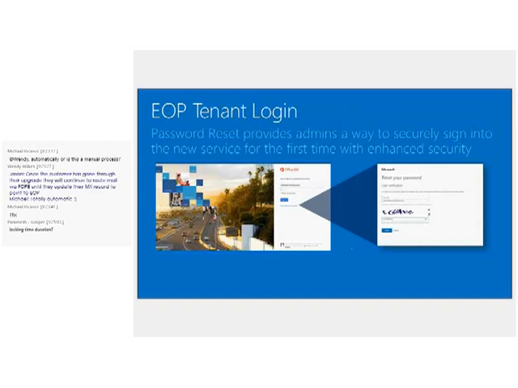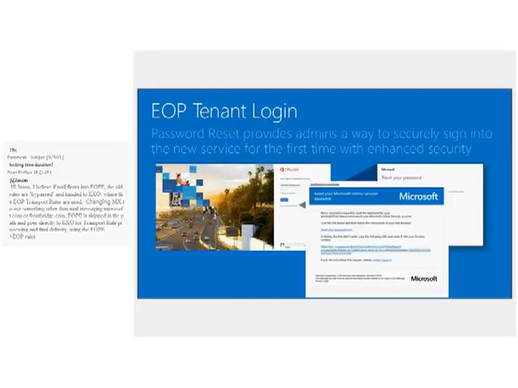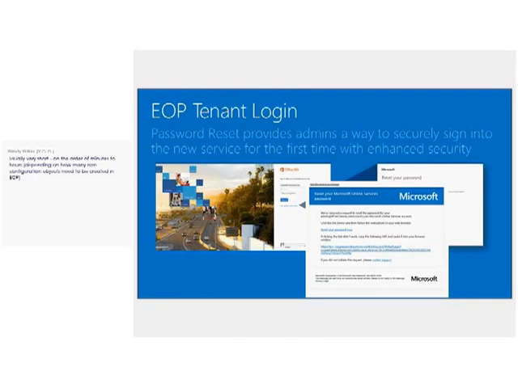So here is a quick screenshot of what the reset email looks like. This is a screen capture of what the email looks like. It has the instructions in place, how you'd go ahead and reset your password.